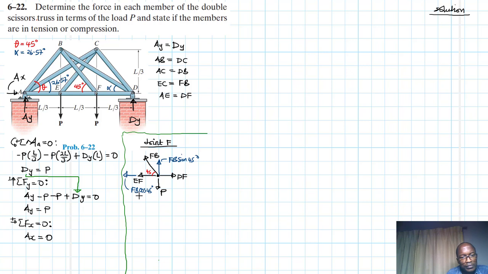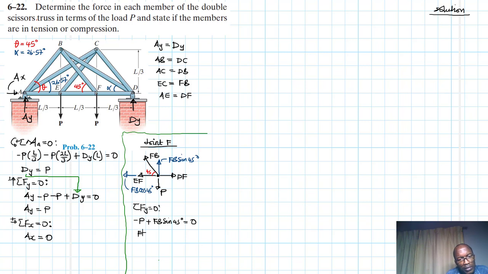Great. What else? That's all for now. So say summation of forces in the y direction equal to 0. What do we have? We have minus P plus FB sine 45 equal to 0.